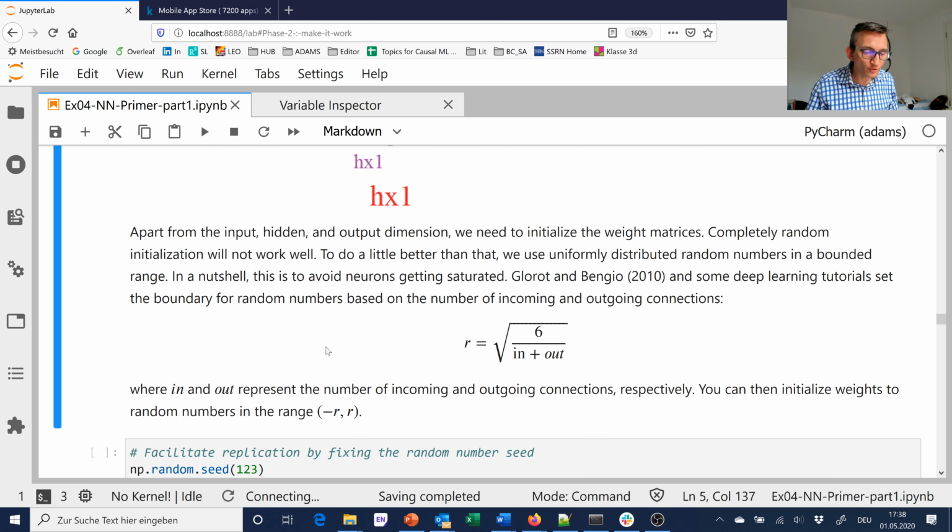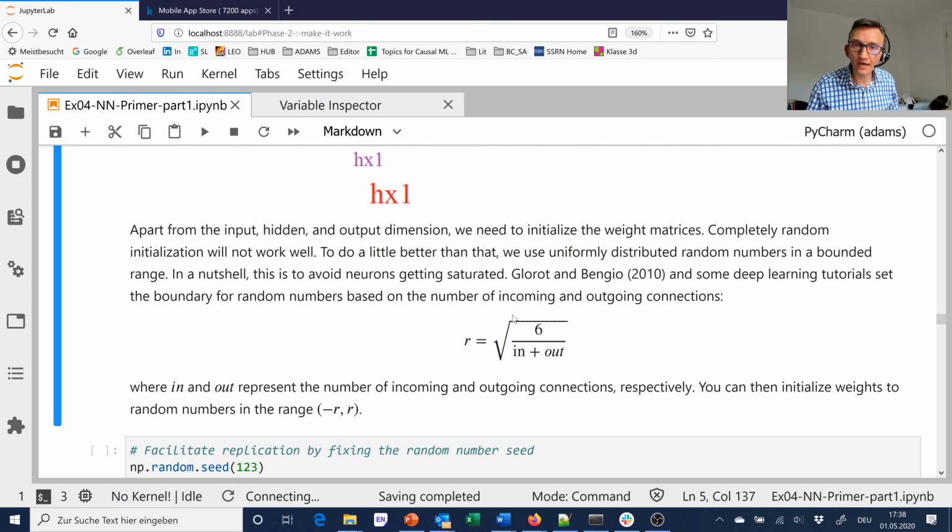I'm making use here of a rule of thumb for how to initialize your weights using a uniform distribution with certain boundaries. Many tutorials, and also this paper by Glorot and Bengio, recommend that we use this little formula here: the number of incoming plus outgoing connections, 6 over that number, square root of that, as our boundary.